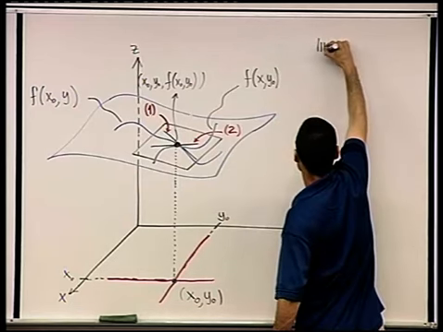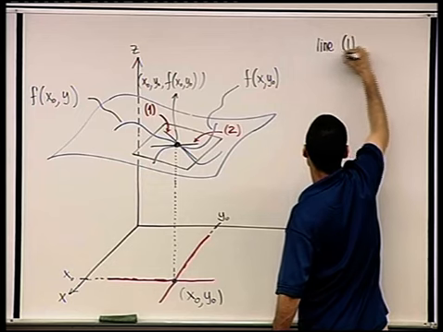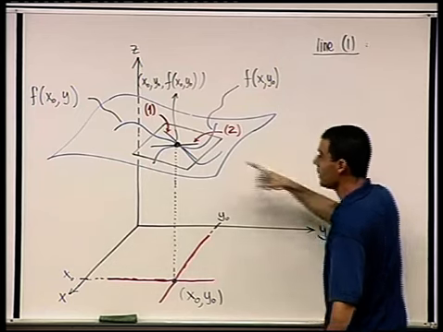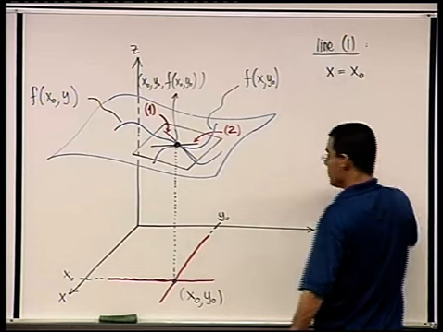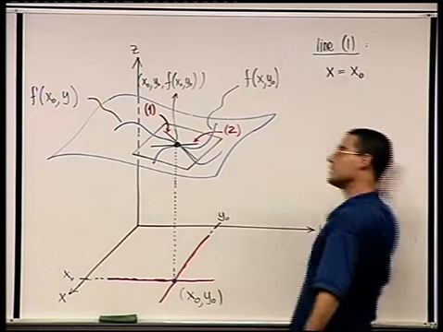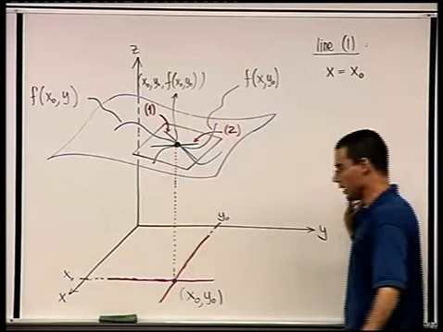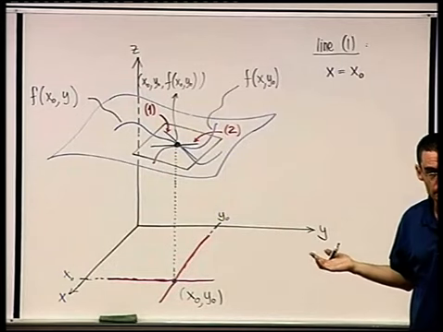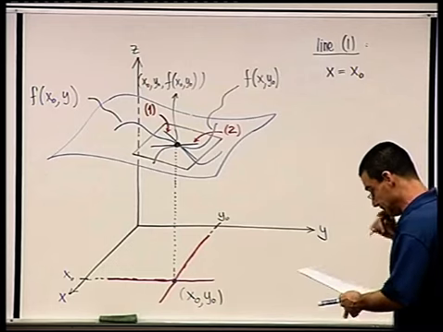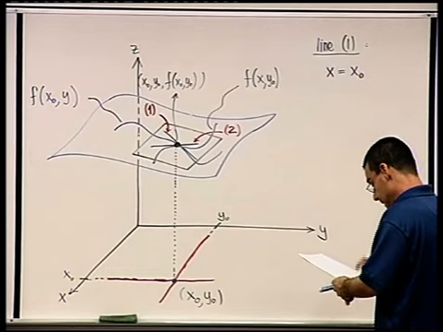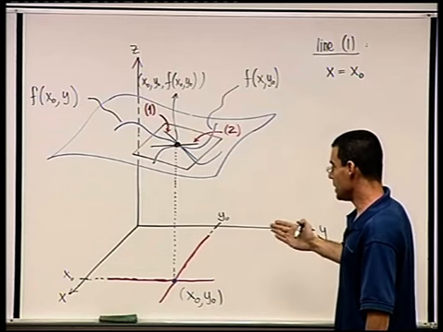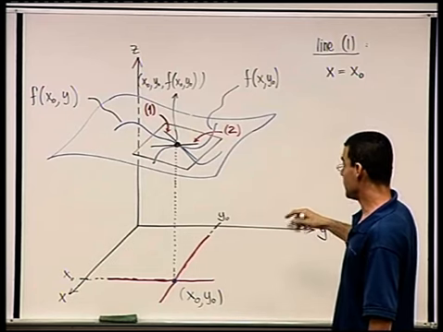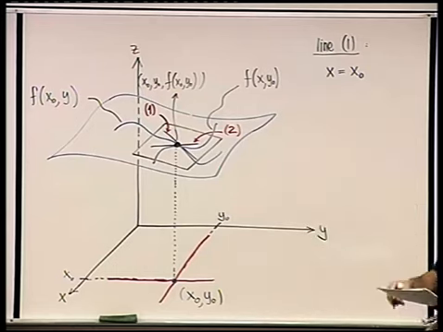So line 1, let's erase this and write it here. Line 1, this line, the x's are fixed. They're all x0. It's a cross-section of the entire picture, only along x0. Do you agree? Okay. And it therefore lies in the plane where the variables are y and z. There are y's and z's playing roles.